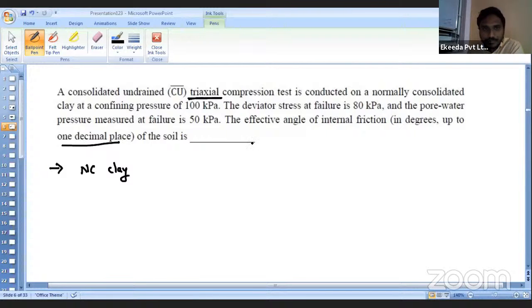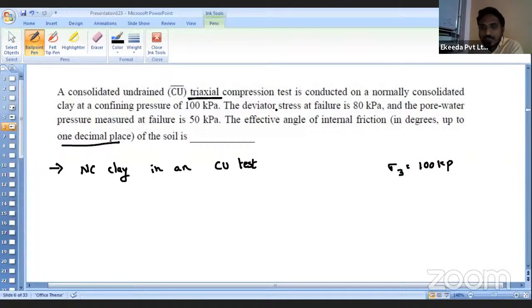Okay, now let us represent this. It is a normally consolidated clay, in a consolidated undrained test. And what is the given data? Confining pressure, which is normally represented with the minor principal stress, is given as 100 kilopascal.